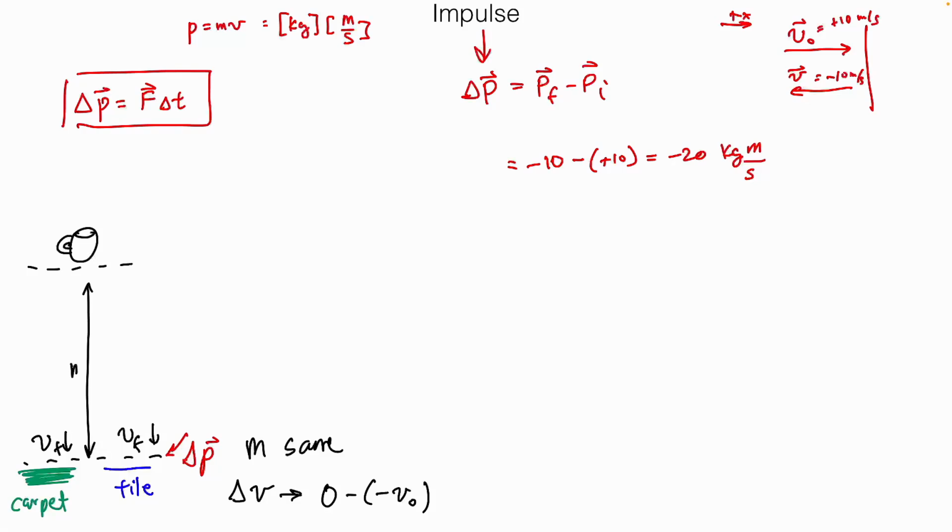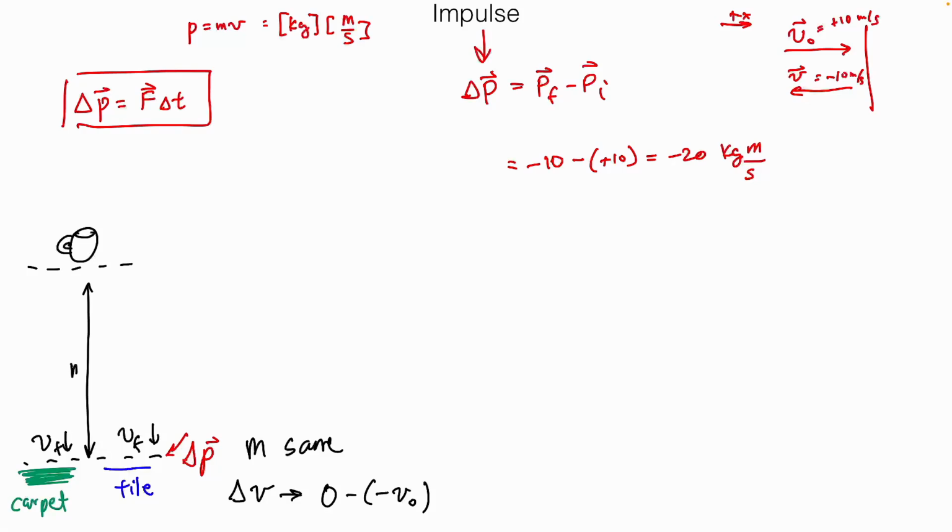Because what else was different? If the impulse is the same, and we know the force is different, it means the time was different. How would you describe, if I asked you, why doesn't it break on the carpet? Don't think of physics, just tell me straight out, why does the cup not break over the carpet?